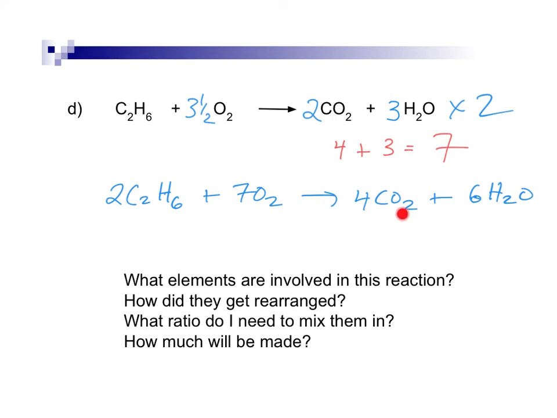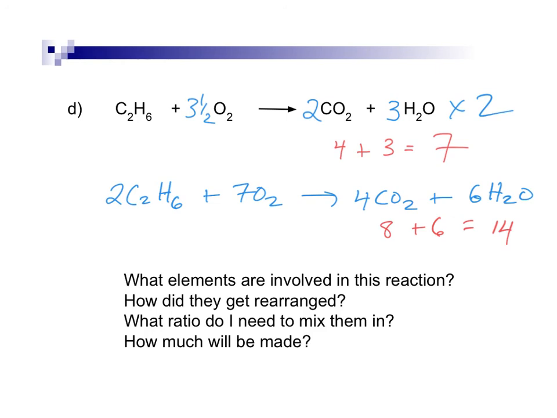And on the right side, I have to count all the O's together on the side. I've got 4 times 2, that gives me 8 O's from my CO2, plus 6 times 1, that's 6 more O's I need to add together. That gives me my 14 oxygens, both on the left side and the right side.